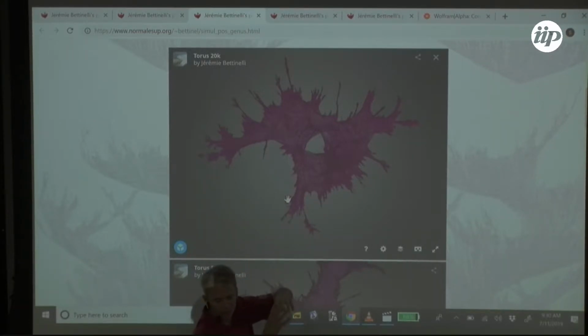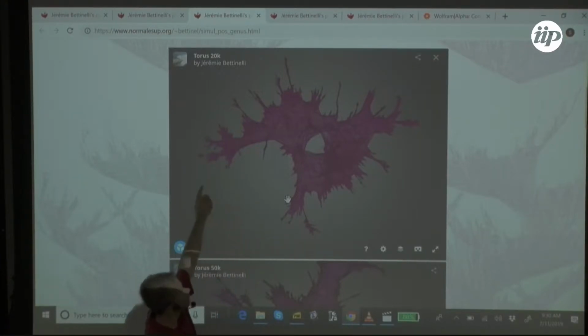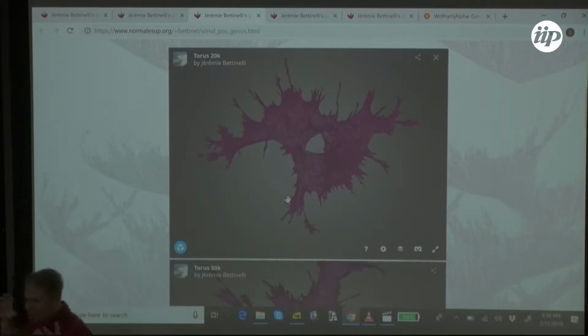So the software is cheating a little bit. But they all look roughly the same size. So it's giving you a rough sense of what these things look like. Where it looks roughly flat, that's because of this slight cheating.